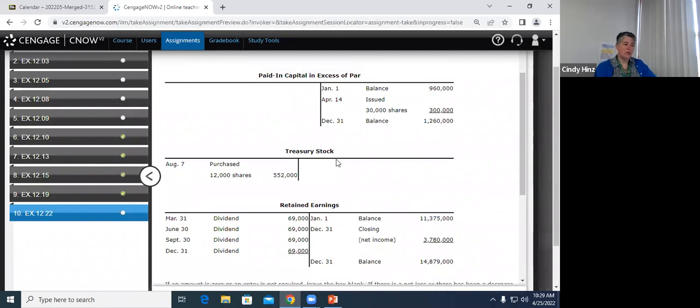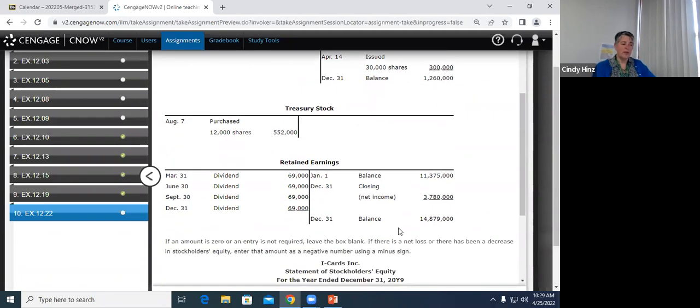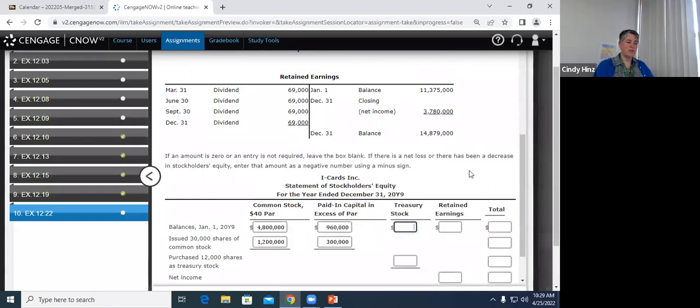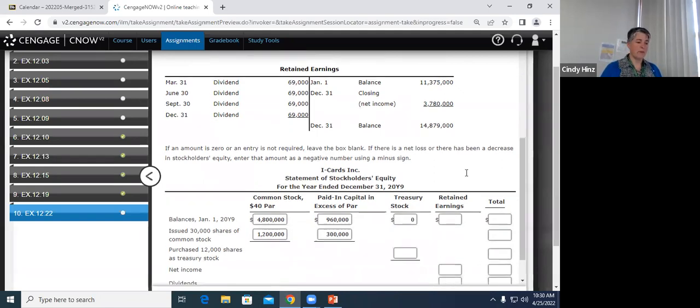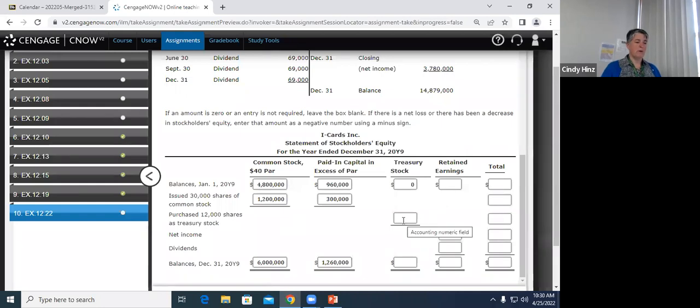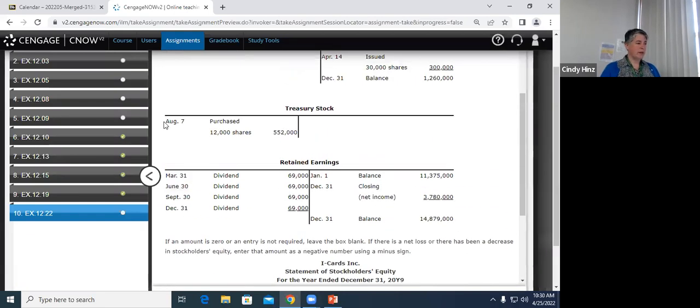The next account is treasury stock. You'll notice there was no beginning balance. And so last year's statement of stockholders' equity wouldn't have had a column for treasury stock. We didn't have any treasury stock at that time. But during the year, we can see right here, we bought 12,000 shares of our own stock.